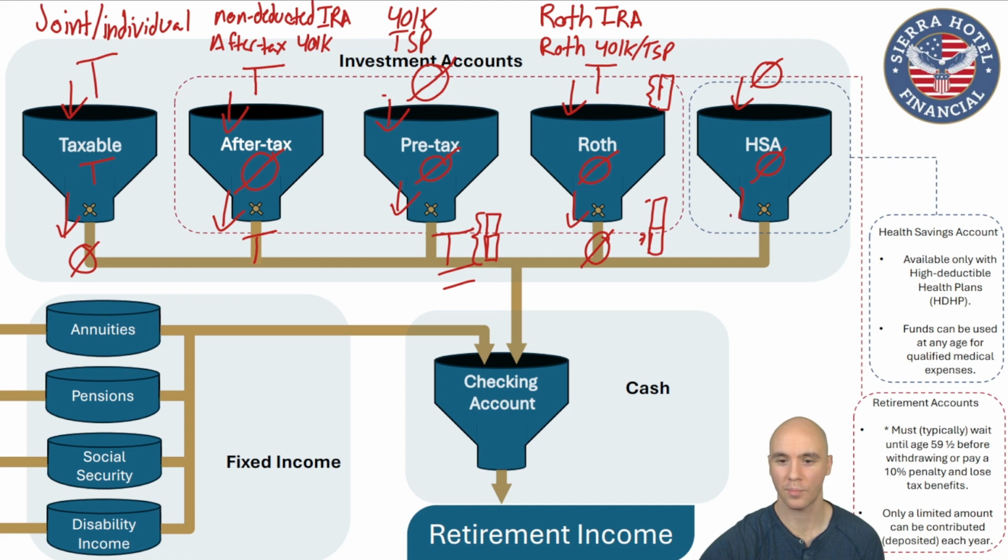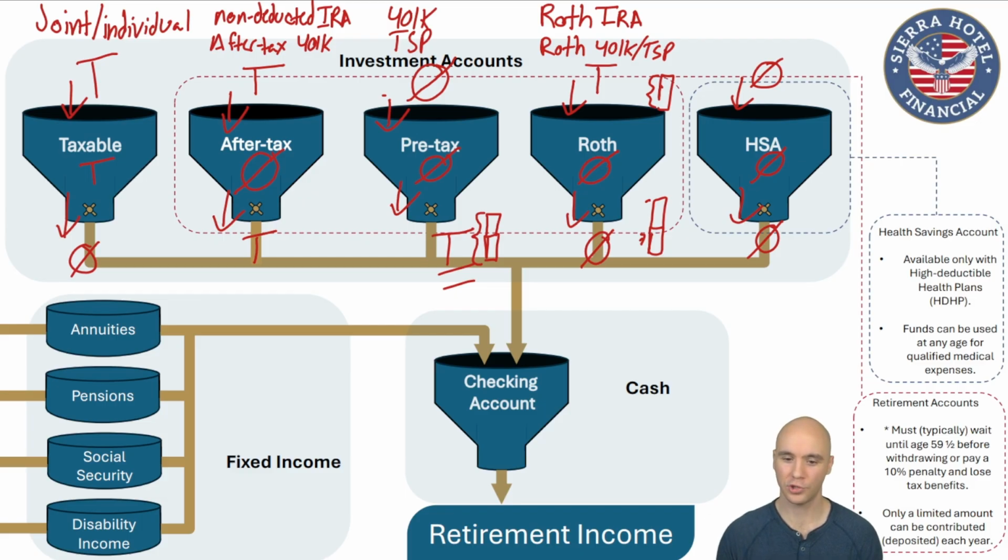When you withdraw it, provided that you're using it towards qualified medical expenses, then those withdrawals are tax-free. This is one of two ways that I know of that you can get the triple tax savings, where the government never even touches your money. You never pay any taxes on your earnings, on the growth, on the withdrawals.